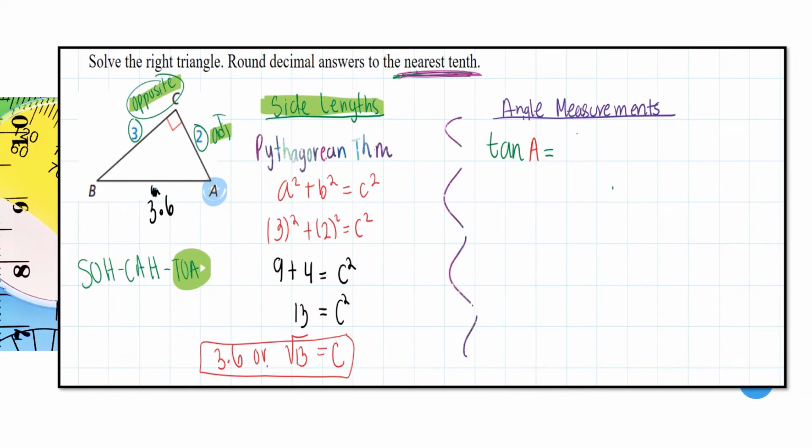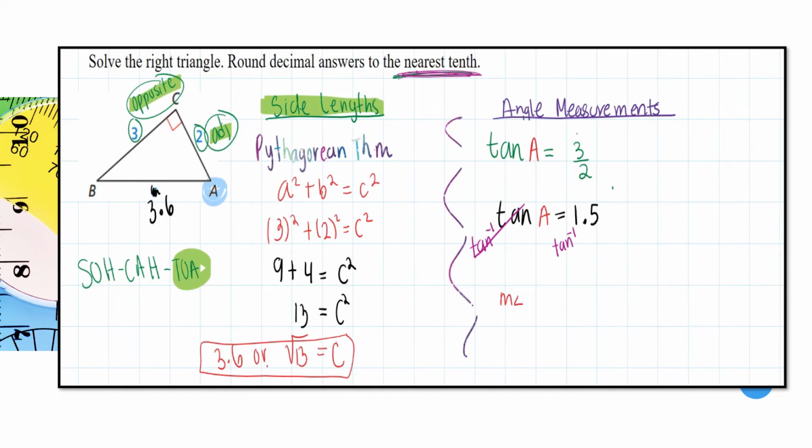So this is what my ratio looks like. Tangent of A is the opposite, which is 3, over the adjacent, which is 2. To make my calculations even easier to type into my calculator, I'm going to turn that fraction into a decimal, which is 1.5. Then you just learned how to find the measurements of angles by taking the inverse.